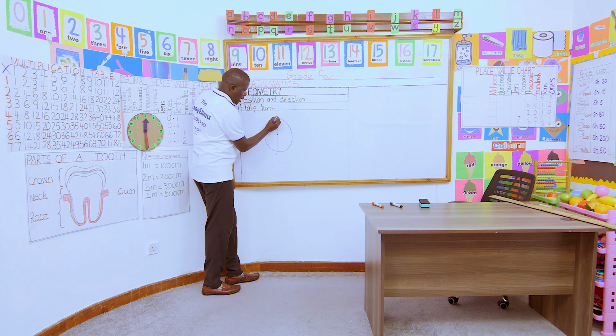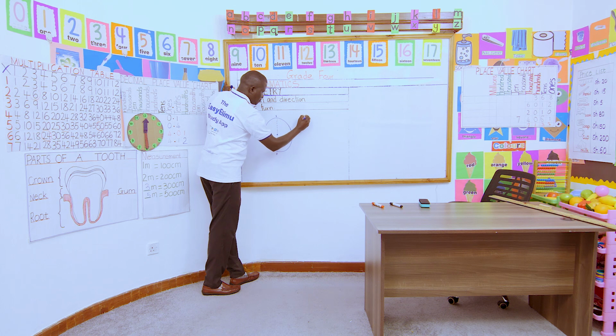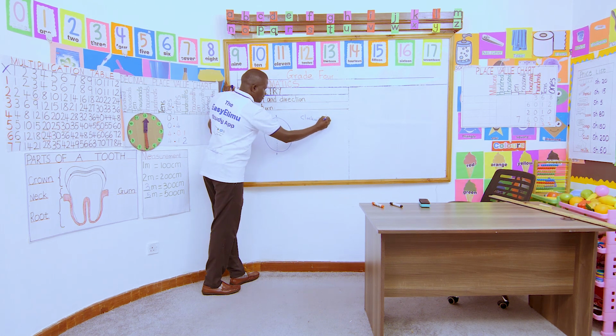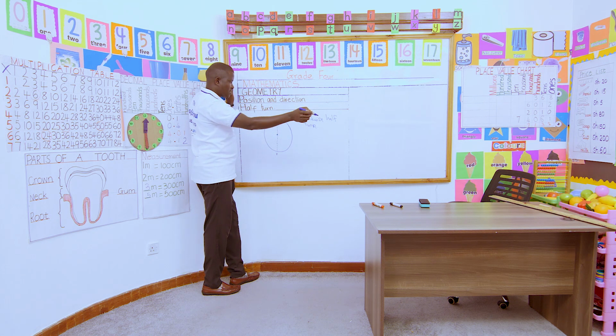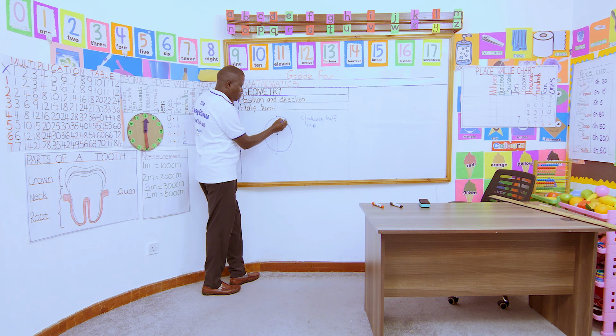For a clockwise half turn, remember, we are moving clockwise. So learners, let us rotate the clock hand clockwise to make a half turn. It means moving from here all the way until it stands at this point. So this is the clockwise half turn.